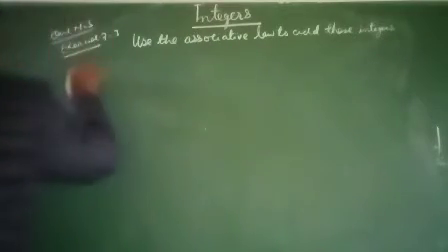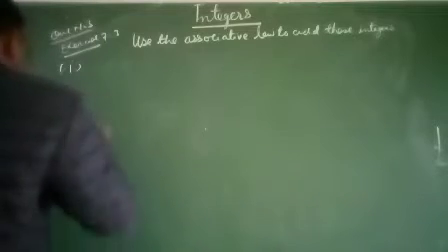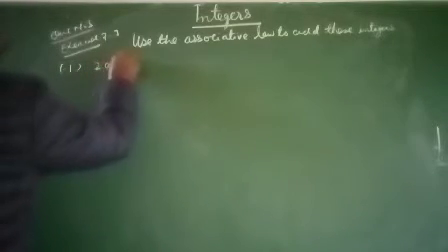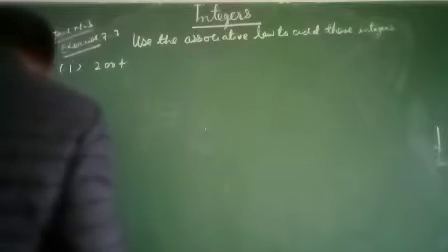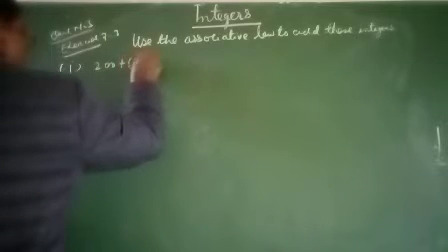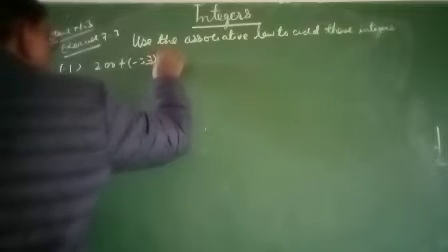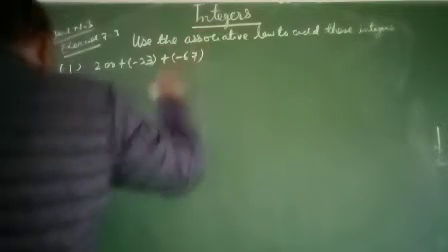First is 200 plus minus 33 plus minus 67.